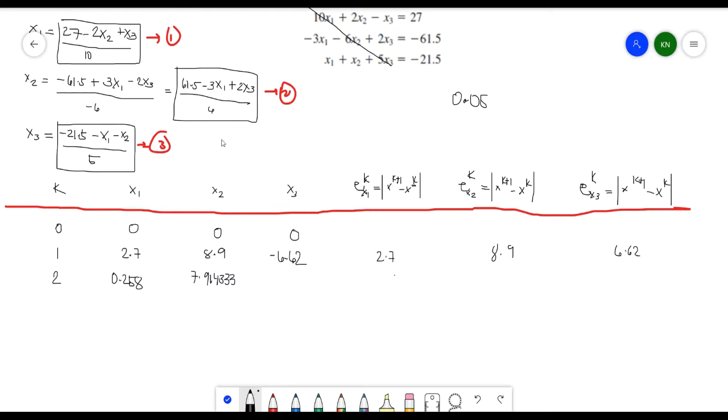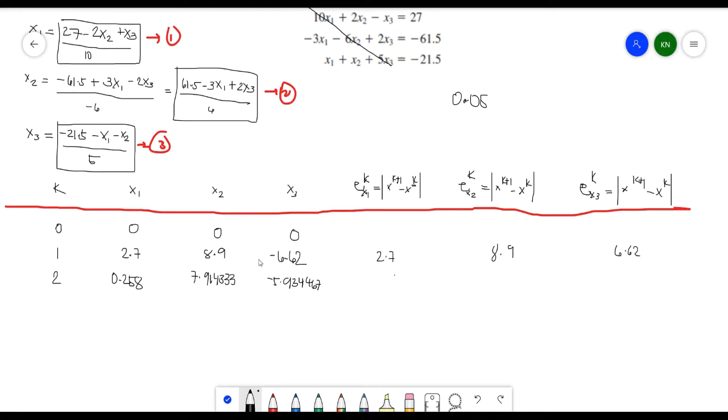Then we have the x of 3, which is negative 21.5 minus x of 1, which is this one. Again, you need to use the latest value that we have for the roots of our system. So we have 0.258 minus 7.914333 all over 5. That gives us negative 5.93447. Again, 6 decimal points. You need to write 6 decimal points.